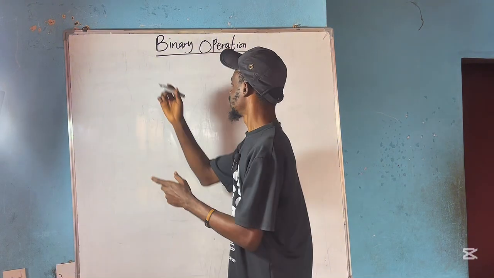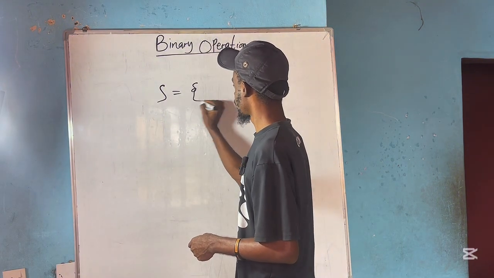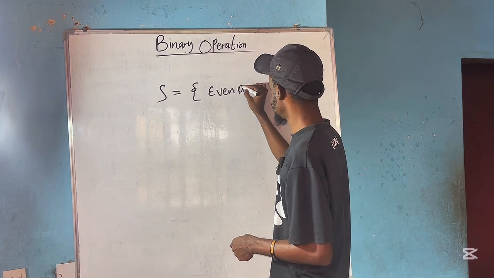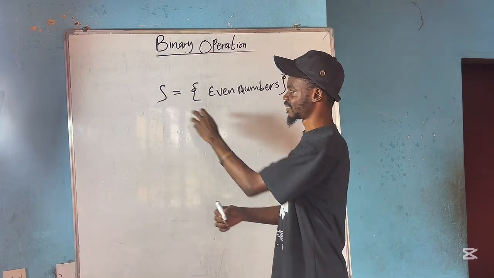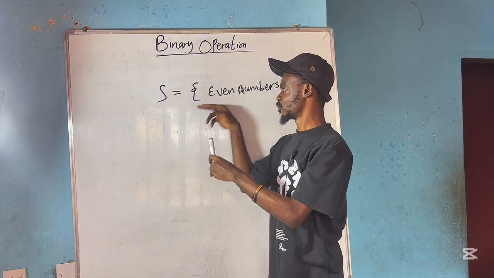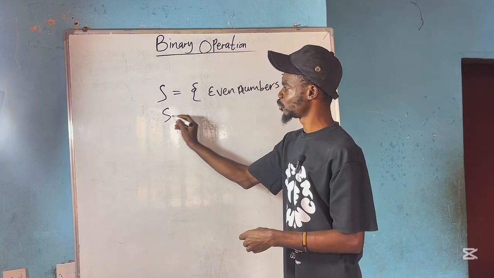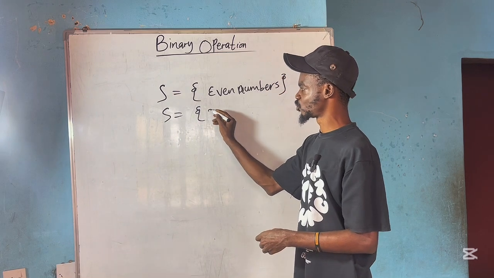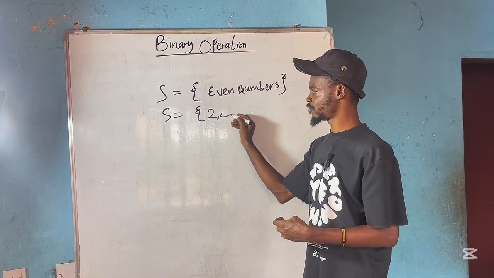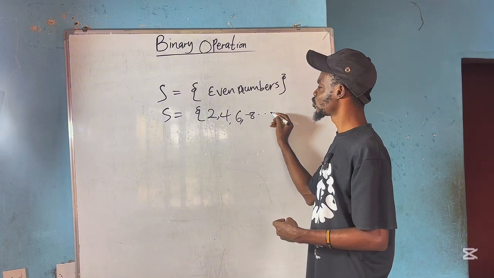For instance, given that x is a set of even numbers, which means that x starts from 2, 4, 6, 8, 10. So what we can have in this set is 2. 2 is an even number, 4 is an even number, 6 is an even number, 8, and so on and so forth.